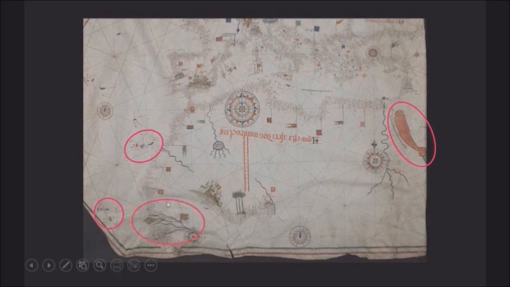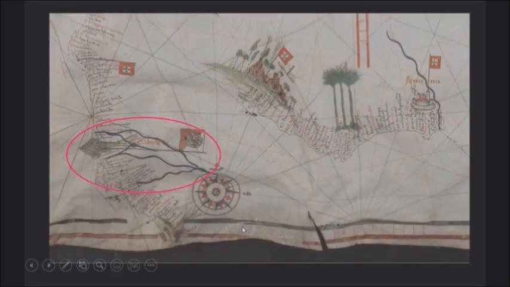Very interesting, and especially around river systems where access to the interior and potential trading partners becomes a matter of interest. You can see here in the case of the Senegambia region, they're aware of the Gambia River as well as the Senegal River and have navigated, or at least recorded the reports of navigation up these rivers, whether that navigation was by Europeans or by local populations that were telling them about the interior.